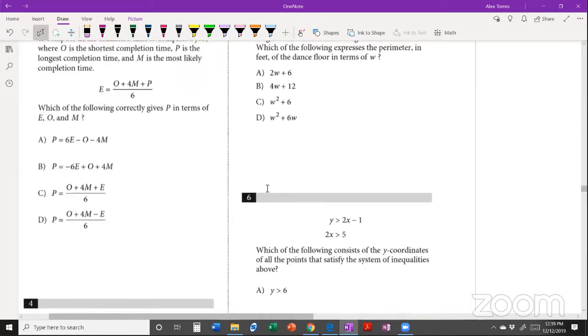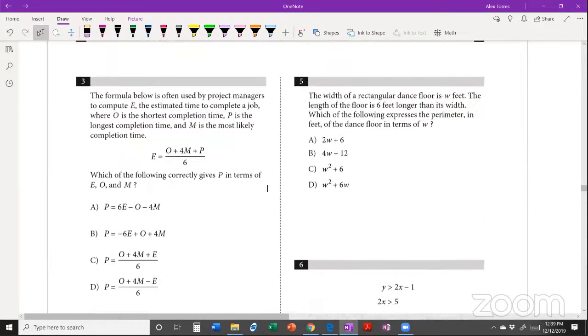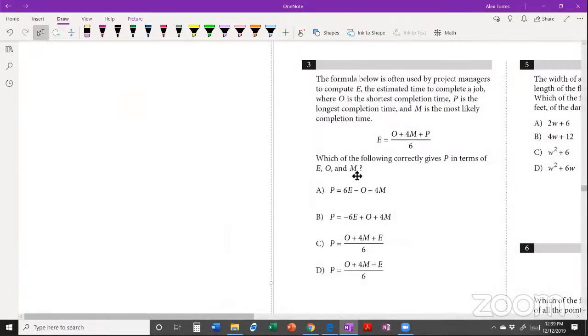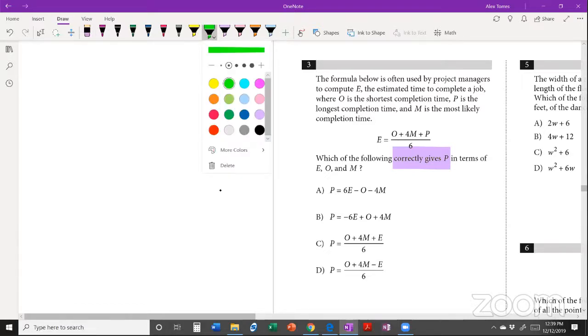Now we're going to number 3. And 3 is asking us for P in terms of the other variables. So they're saying, which of the following gives us P in terms of the other variables? So for people who are just beginning with algebra, P is right here.